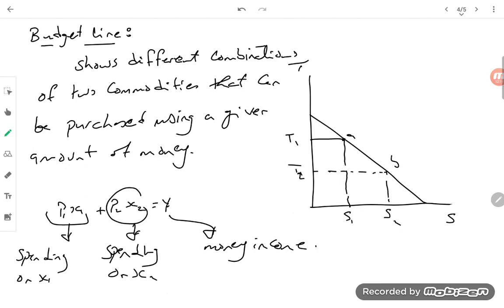So we would like to distribute the money income, which is Y, between spending on x1 and x2. The relative price is the slope of the budget line, which is negative Ps over Pt.